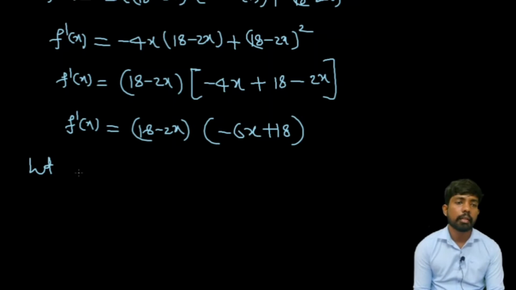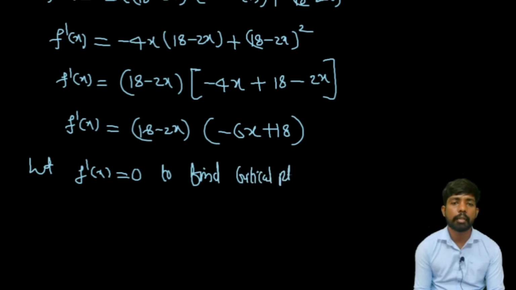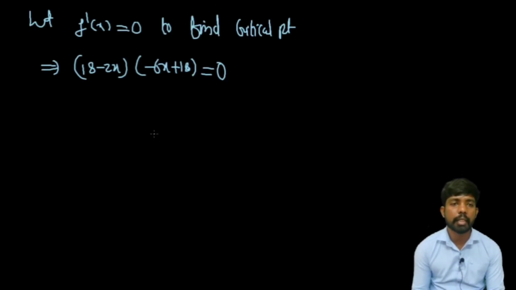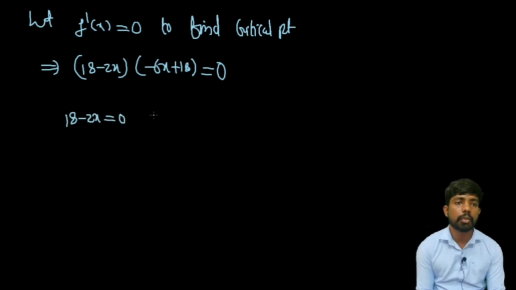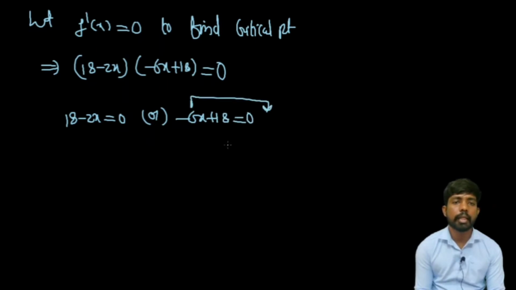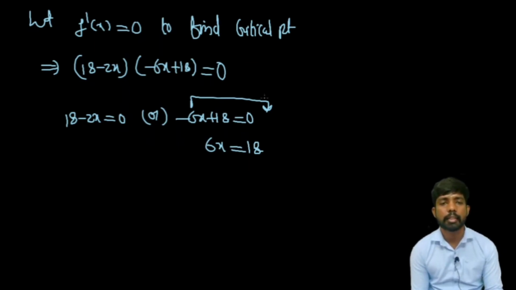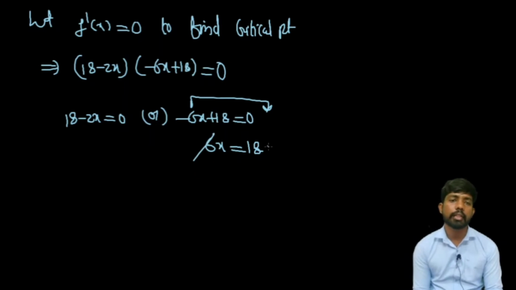Therefore let f dash of x equal 0 to find the critical points. Here f dash of x is (18 minus 2x) into (minus 6x plus 18) equals 0. We get 18 minus 2x equals 0 or minus 6x plus 18 equals 0. Sending 6x to the right hand side, 6x equals 18, 6 threes are 18, so x equals 3.